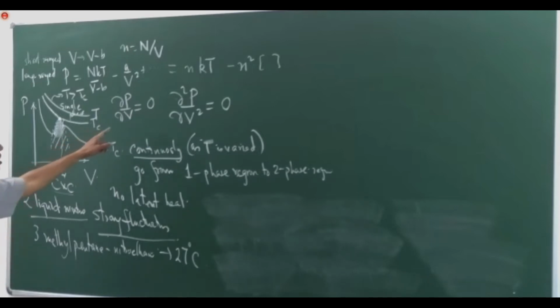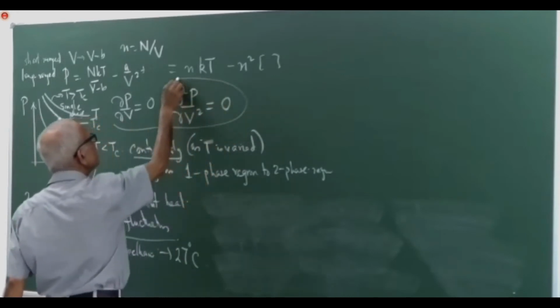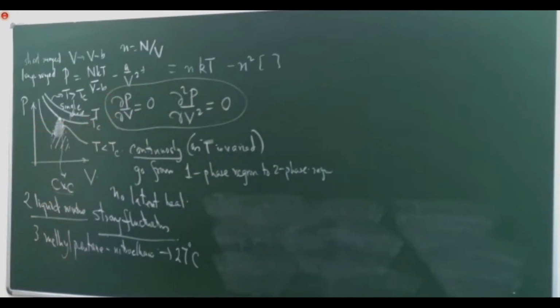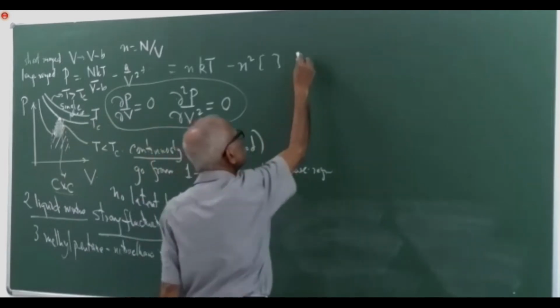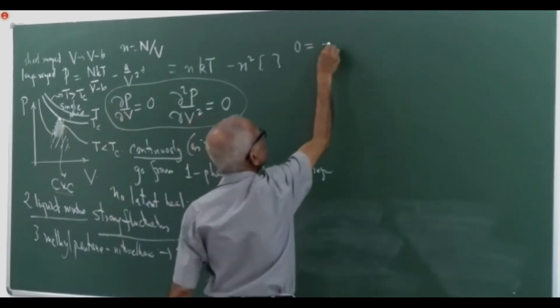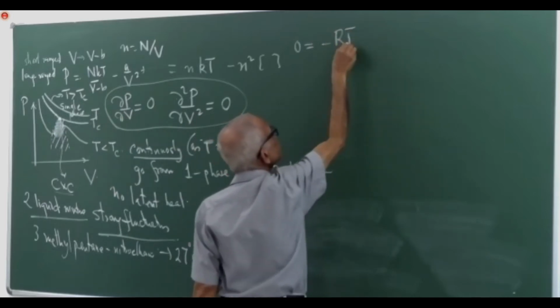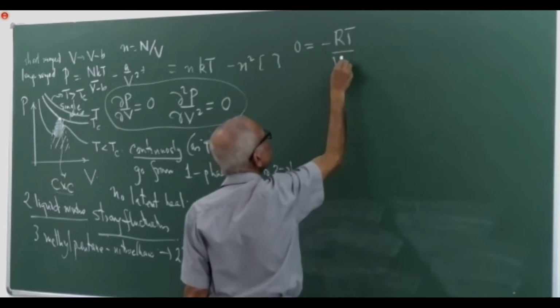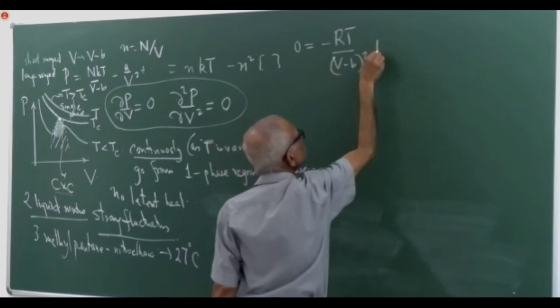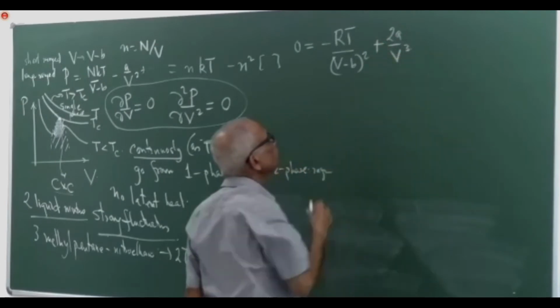So del P del V equal to 0. The critical Tc is determined by two conditions. It's a point of inflection. So I have to set del P del V equal to 0 and then also the next derivative equal to 0. So 0 equals, let's take 1 mole of gas, minus RT over (V minus B) squared plus 2A over V cubed.